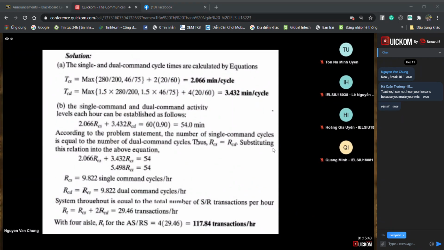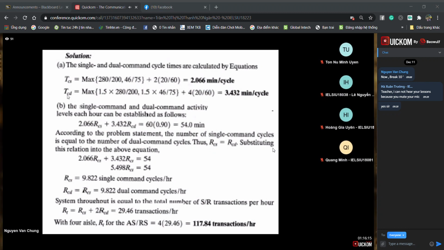The single command cycle time is calculated by the equation: the 20 seconds, changed to minutes, the length and horizontal velocity, and the height and vertical velocity.